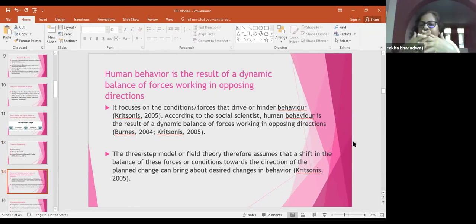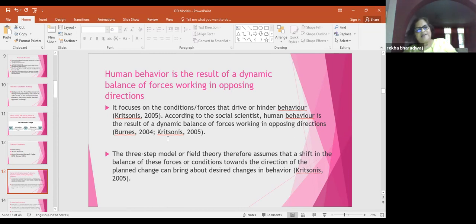So human behavior is the result of the dynamic forces which are working in opposite directions. That is what Kurt Lewin said. So it focuses on the conditions, the forces that drive or hinder behavior.